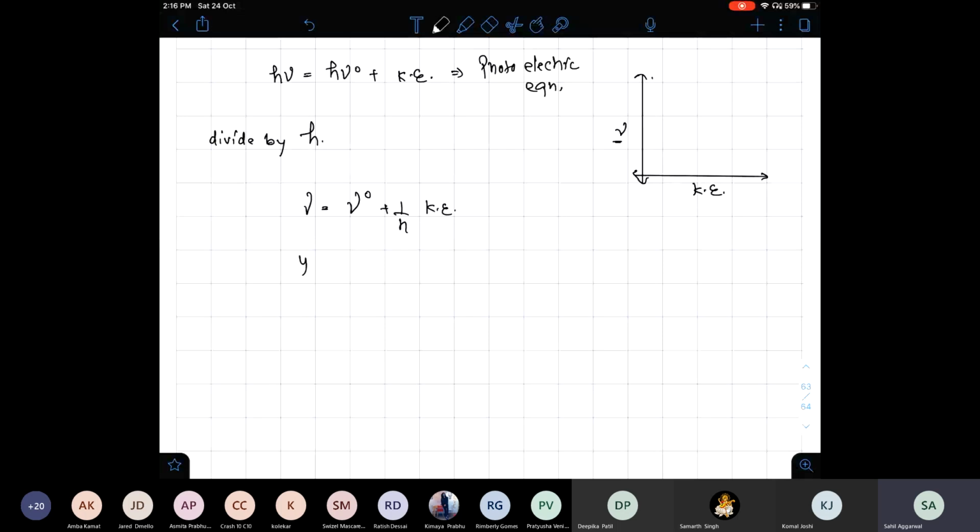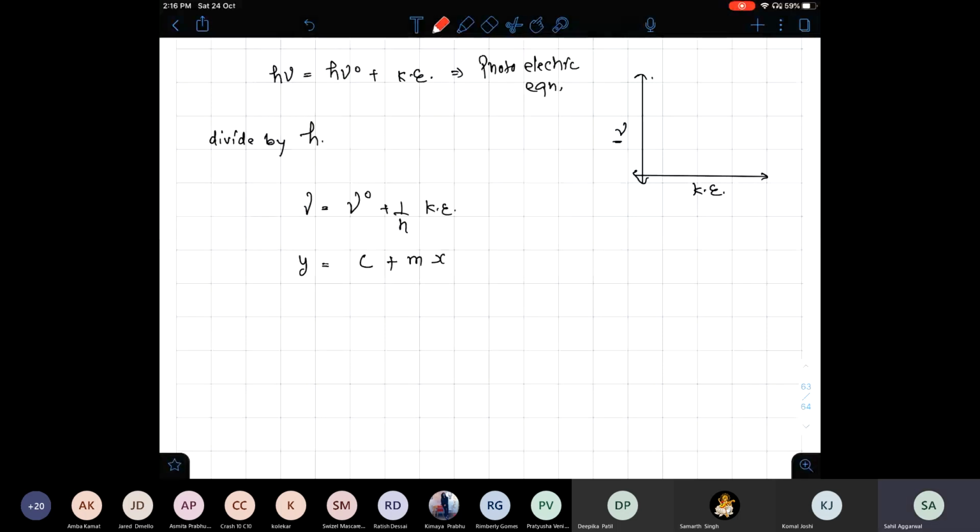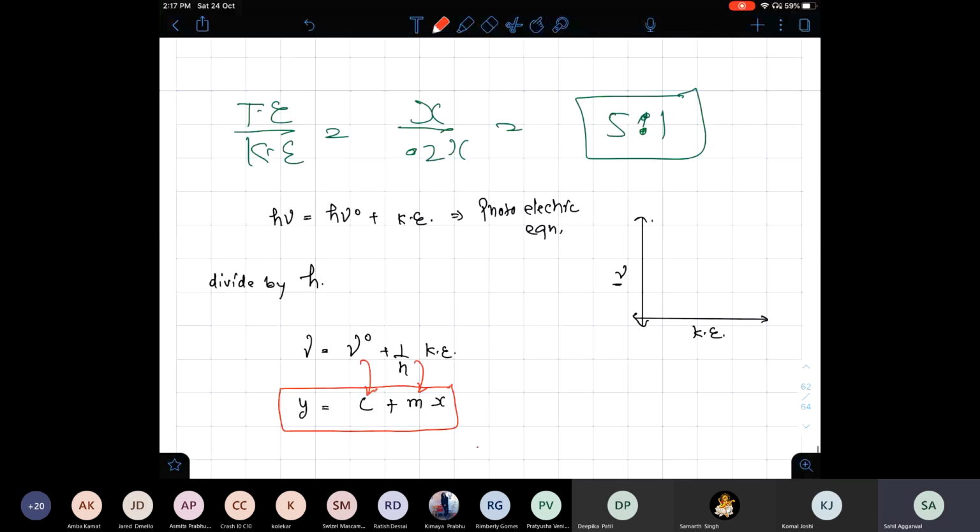Now it becomes y equals mx plus c. This is your c. This is your m, slope. Do we know this equation y equals mx plus c?